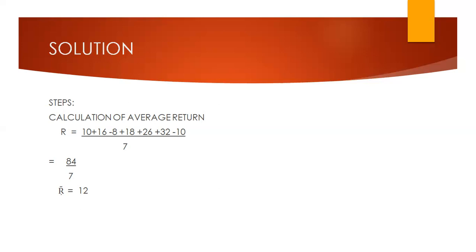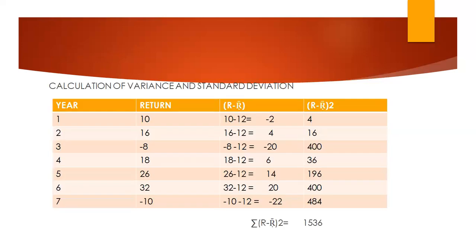So first we have to calculate r minus r bar. We have already found r bar, that is 12. From the return given in the question, we have to subtract r bar. The first year, 10 minus 12, equals minus 2. The second year, 16 minus 12, equals 4.